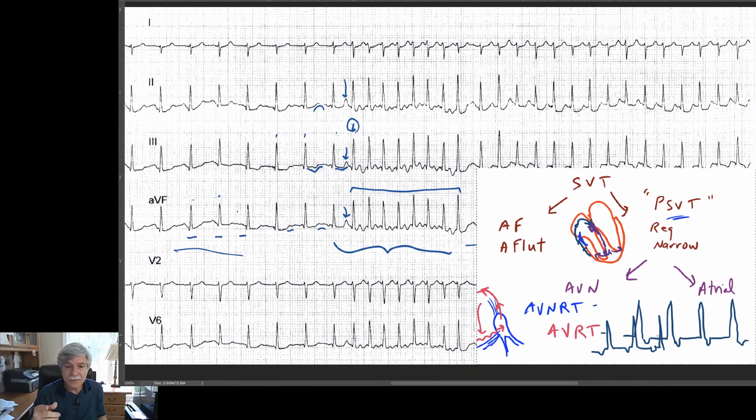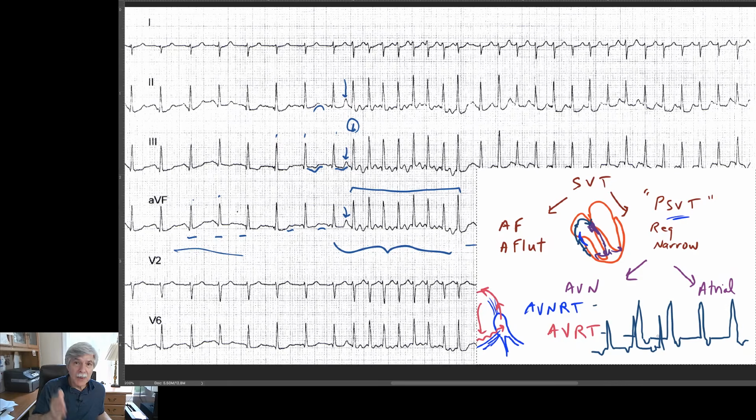round and round. Not only that, you can tell AV nodal dependent arrhythmias because if you give those patients adenosine, which is a substance that's in our body and has a profound effect on the AV node, it causes the AV node to stop conducting. It causes AV block, but it only lasts about 10 seconds or so.